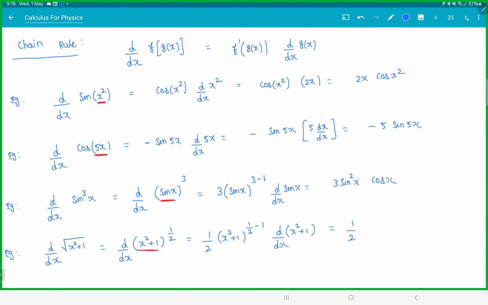So this would be half into (x square plus 1) to the power minus half, and this differential would be differential of x square plus differential of 1. So this would be 1 by 2 root x square plus 1. That differential is 2x plus 0. That is x by root over x square plus 1.